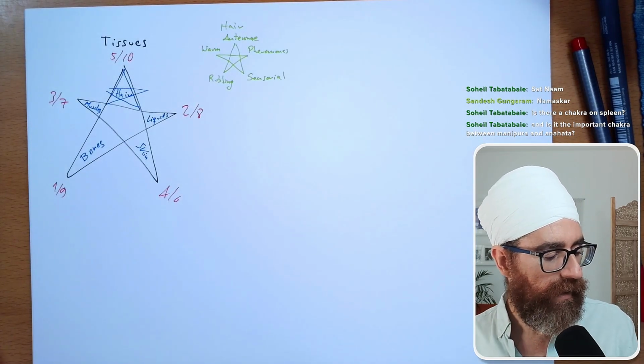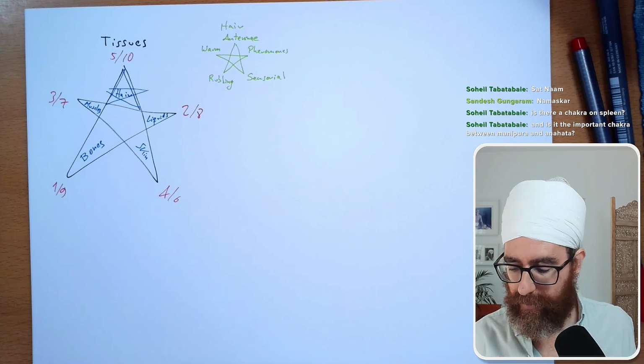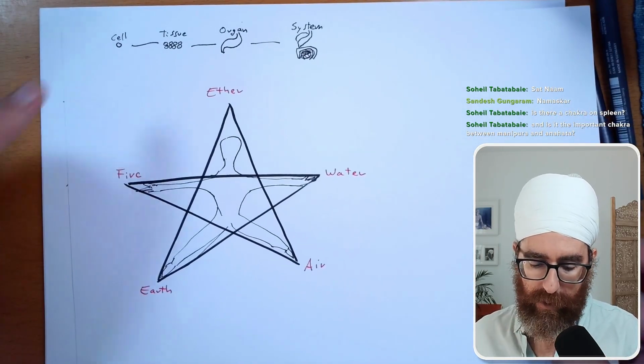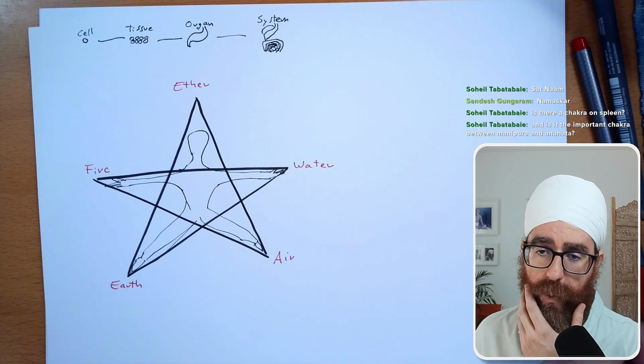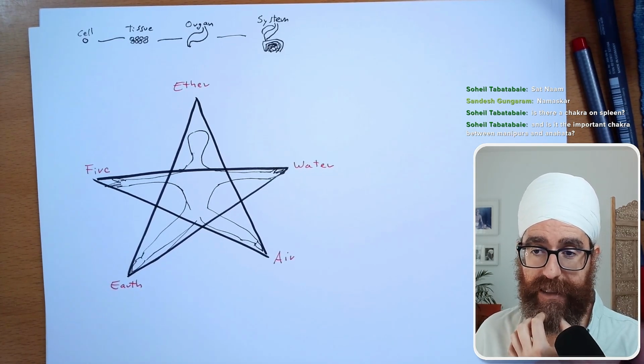Now we could probably go even deeper into the cell. If we go into the level of the cell, we will have to search what a eukaryotic cell has inside.